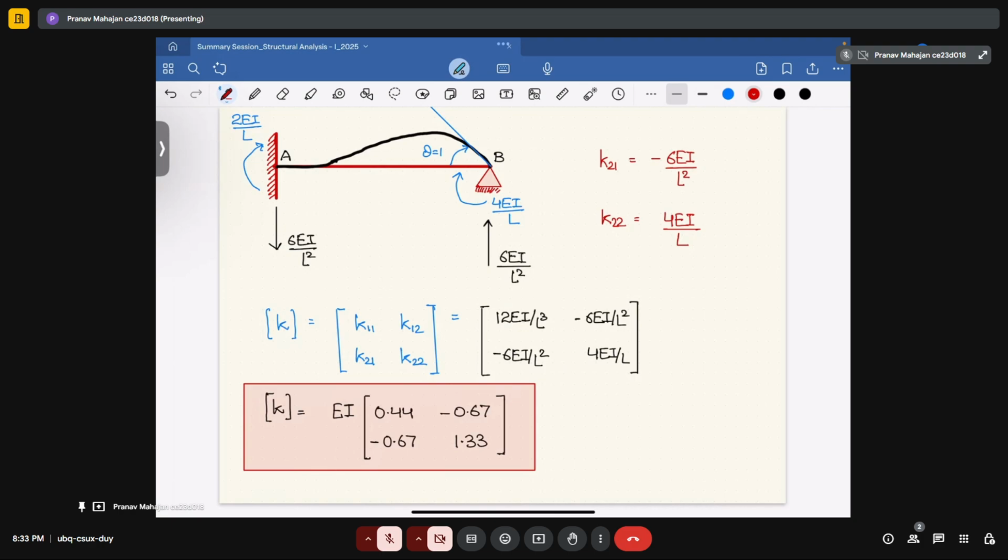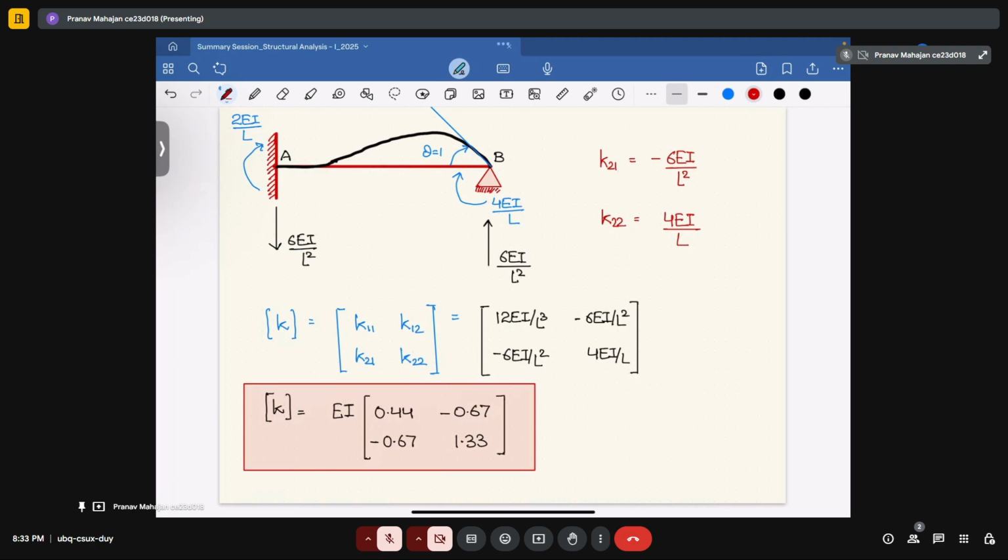Correspondingly your moment at point B will become equal to 4 EI upon L, and your moment at A will become equal to 2 EI upon L. To make the structure stable, an anti-clockwise couple is provided with value equal to 6 EI upon L square, and that will give you the two components of the stiffness matrix, K21 and K22, equal to minus 6 EI upon L square and 4 EI upon L.